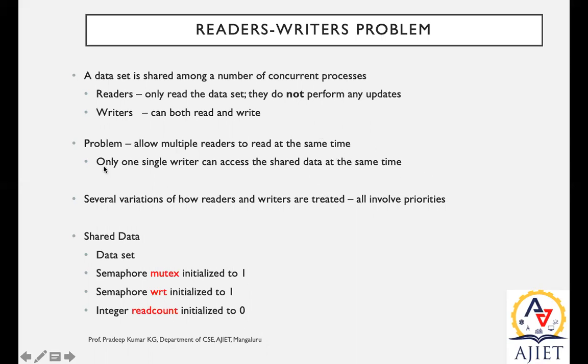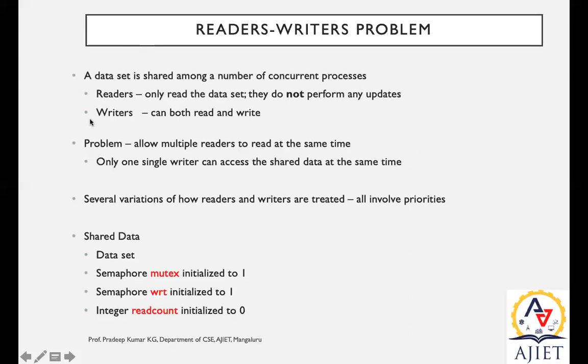On the other hand, when n number of processes are given access to the shared data, there is a chance of data inconsistency, because here also n number of readers are trying to access one single data set. But in the actual scenario only one single writer can access the shared data at the same time.